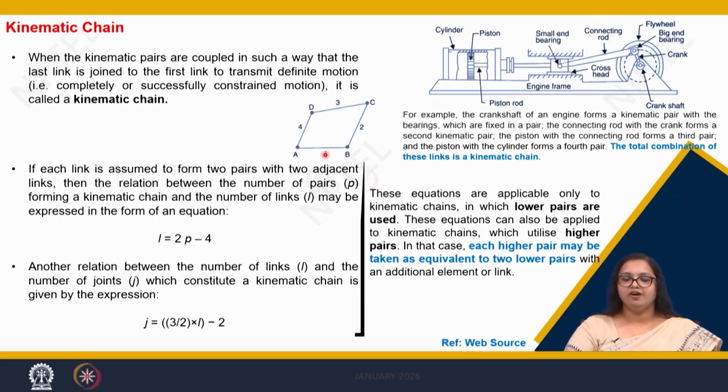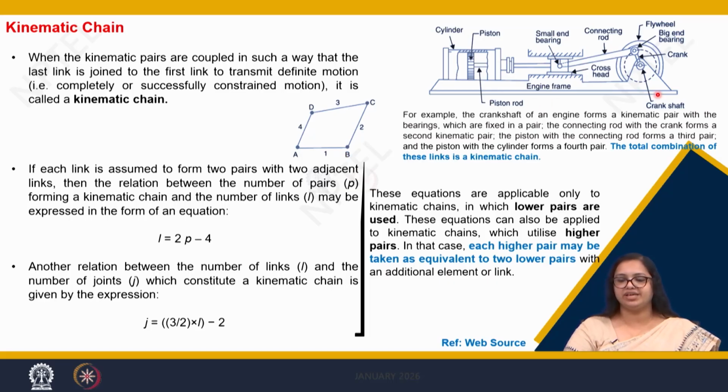When the first link, that is link number 1, goes around to the last link and the last link is connected to the first link, we call it a kinematic chain, which is able to transmit a definite motion. If it is not closed, we cannot call it a kinematic chain.